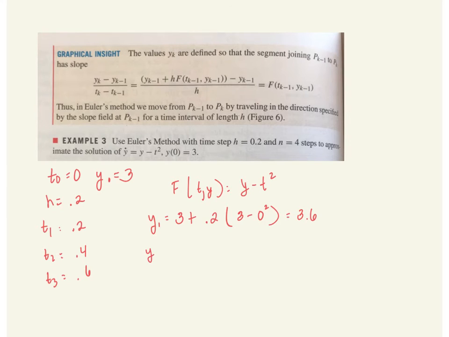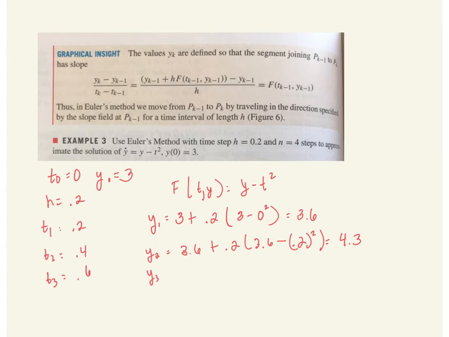For y sub 2, we're then going to use that 3.6 plus the 2/10 remains constant, times 3.6 minus 0.2 squared, which is approximately equal to 4.3.